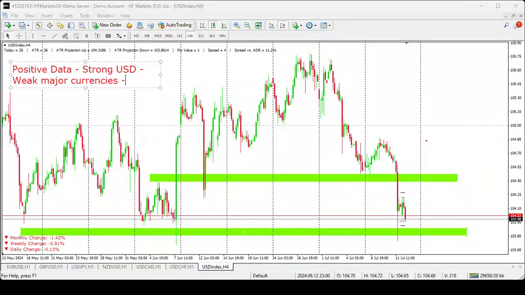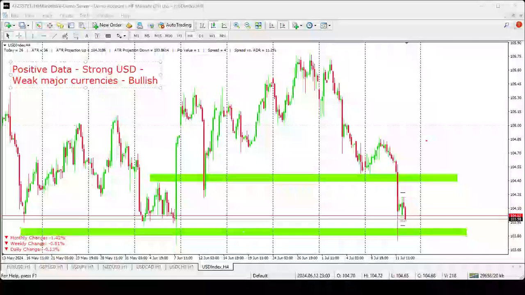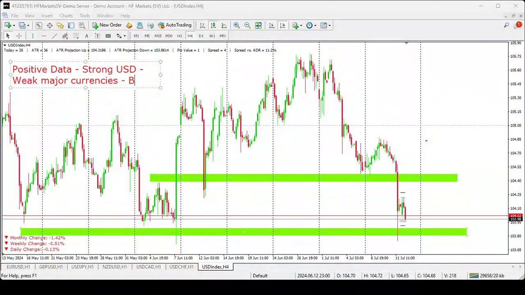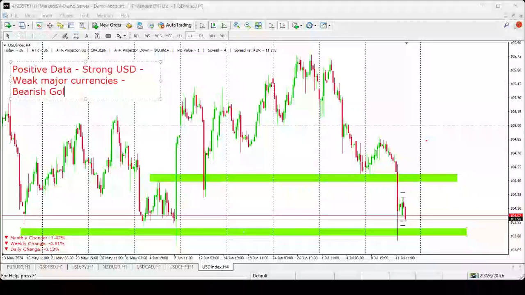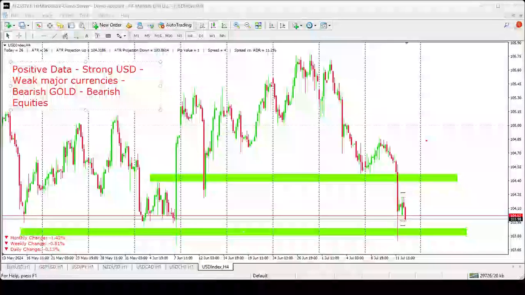And also that means to you, bearish gold movement, bearish equities like US 100, US 30, US 500.